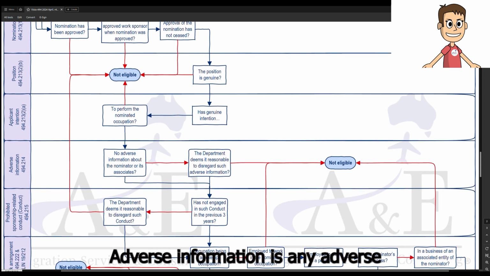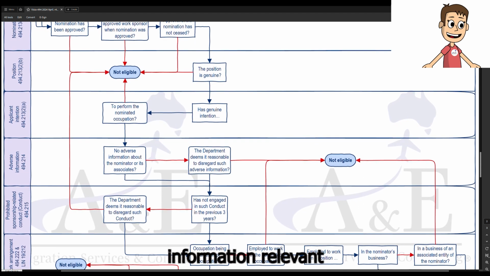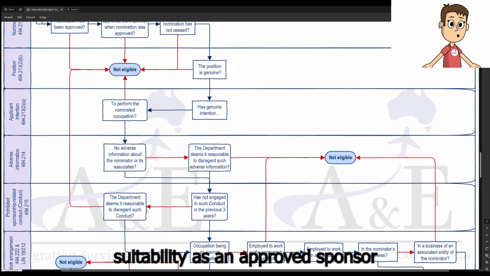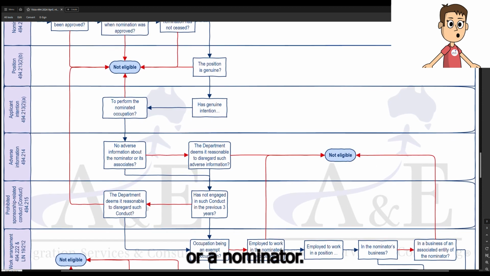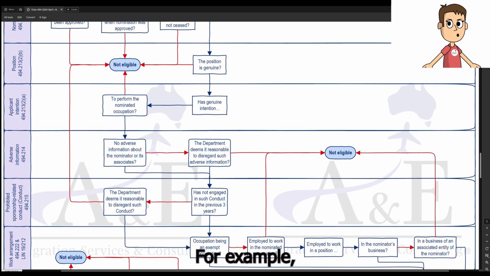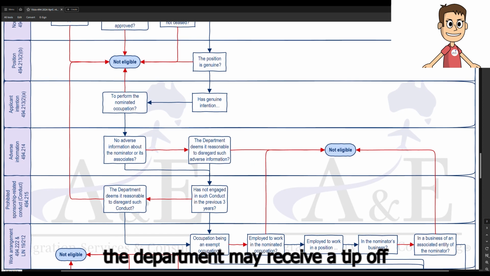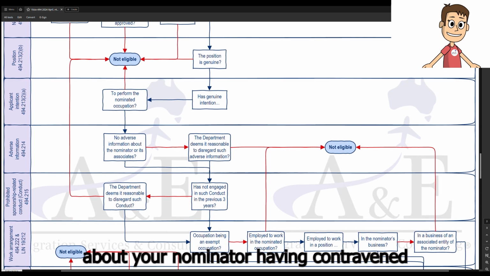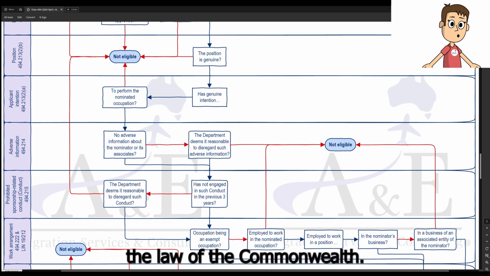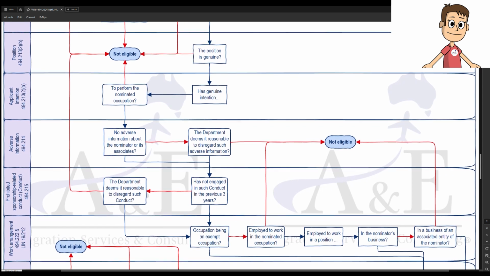Adverse information is any adverse information relevant in determining a person's suitability as an approved sponsor or a nominator. For example, the department may receive a tip-off about your nominator having contravened a law of the Commonwealth, a state or a territory.